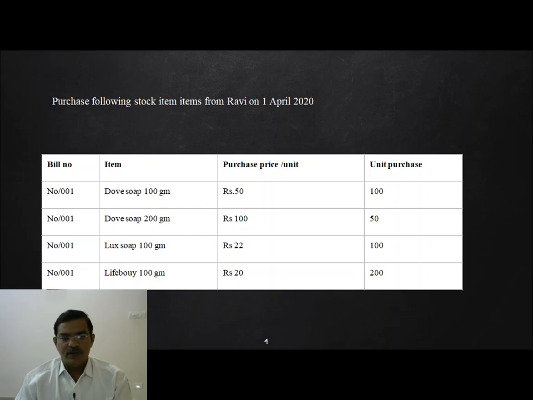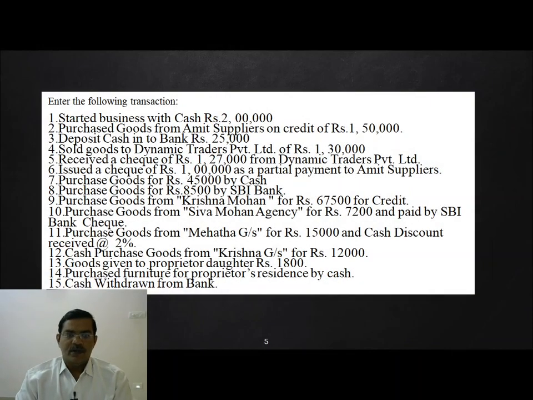Lux soap 100 grams and Lifebuoy soap is also 100 grams. These four items are measured in units only, in terms of numbers only. I will show you. And after this, I will show you how to post the day-to-day transactions using this information.